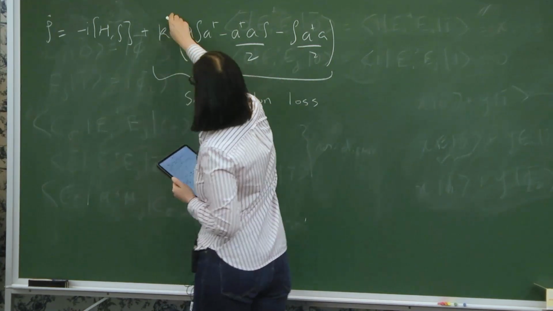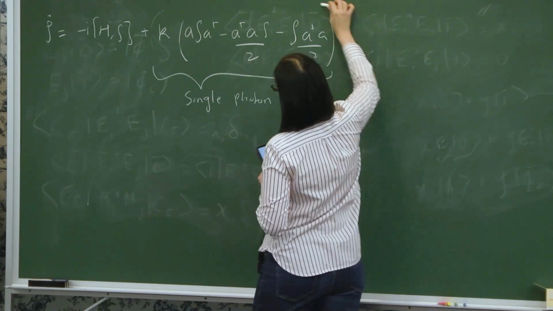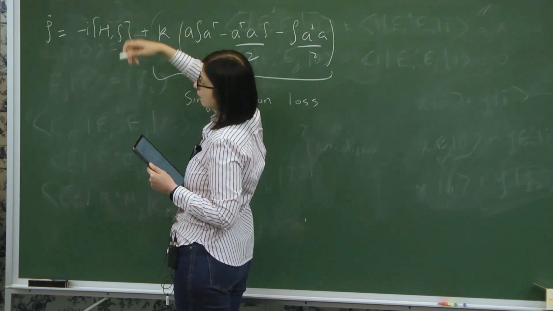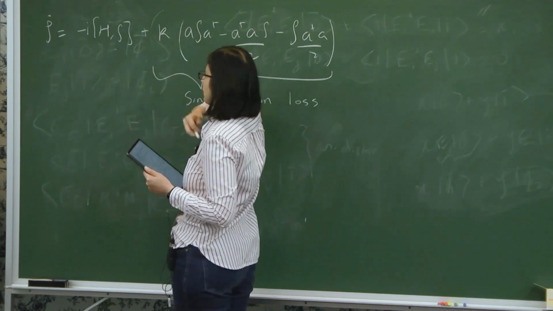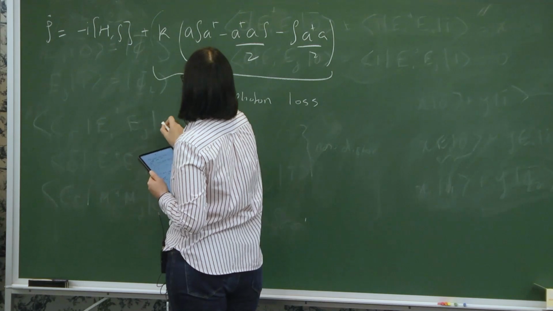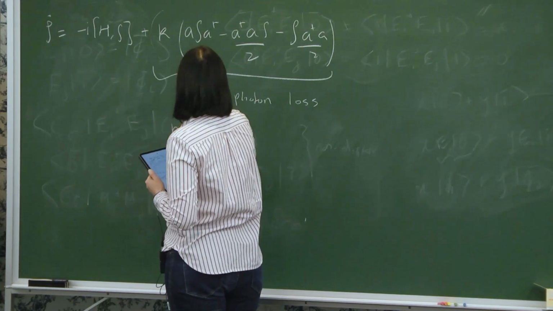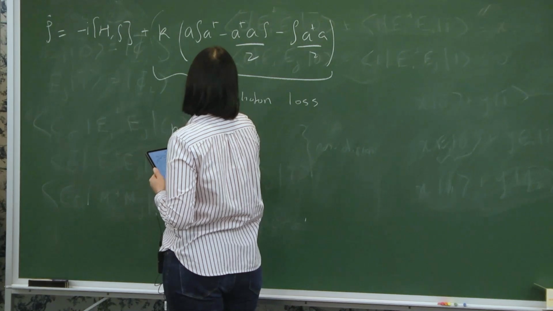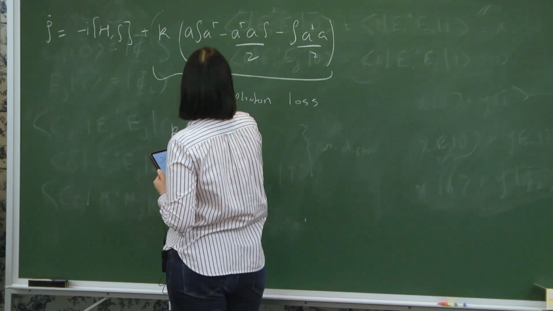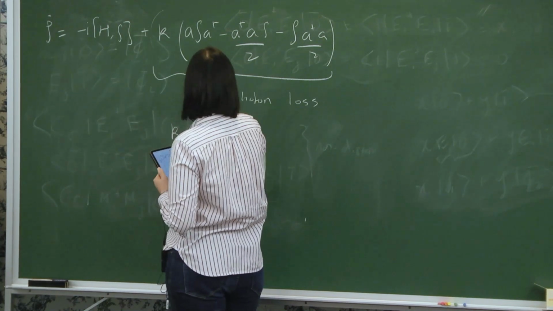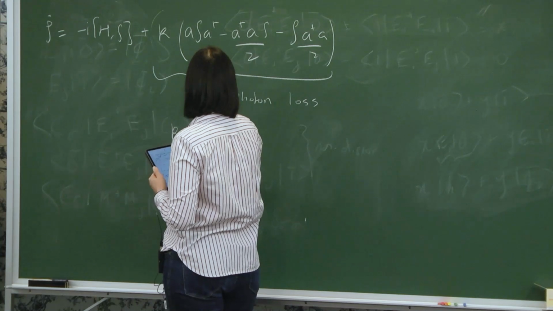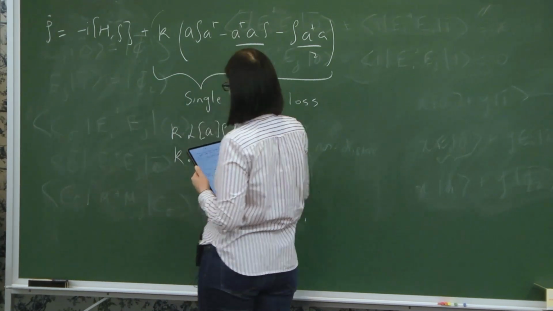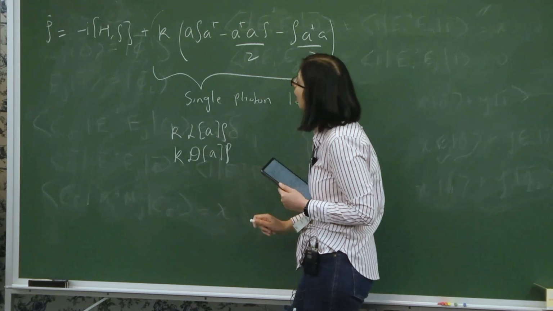This form is also called the Lindbladian evolution or Lindbladian coupling to the environment, and you can sometimes write this as kappa L_a rho, or kappa D_a rho. In different textbooks and papers, you'll see different notations.